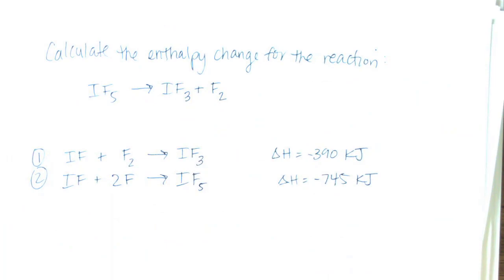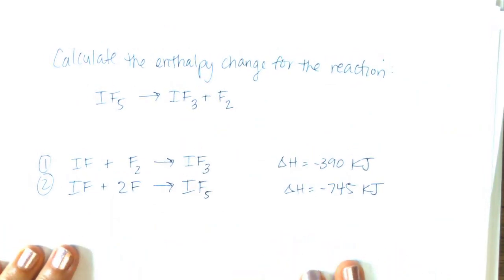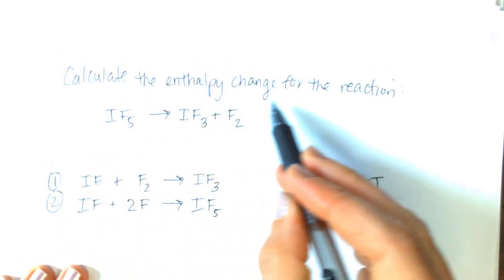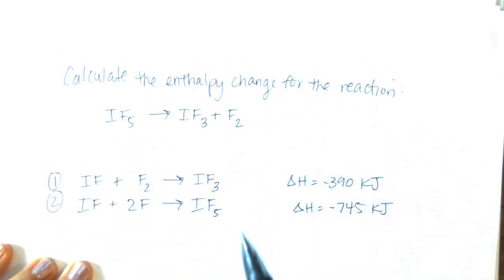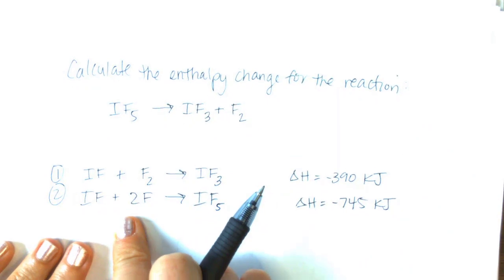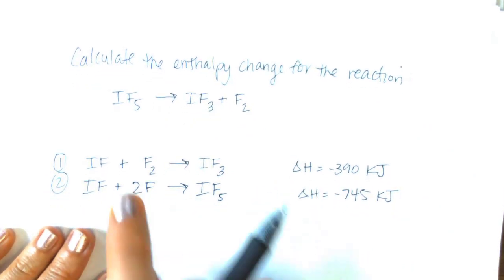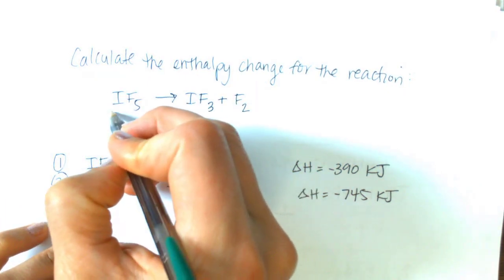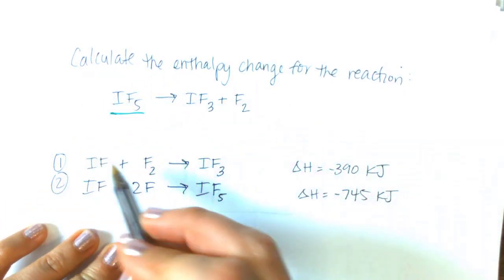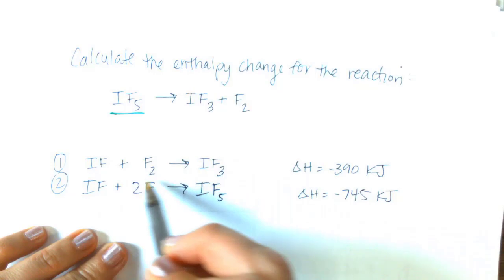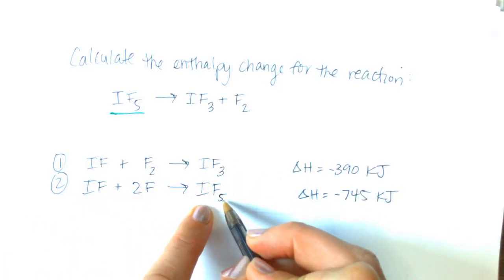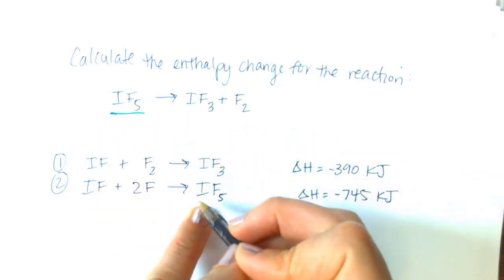Okay, the last one, my printer kind of pooped out here, so I just wrote it. We need to calculate the enthalpy change for this reaction, given these 2 elementary reactions. So if I look at this and go, all right, I need my IF5 on the left. So where is IF5? It is in my second reaction, and I like that there's 1 mole of each, but it's on the wrong side.